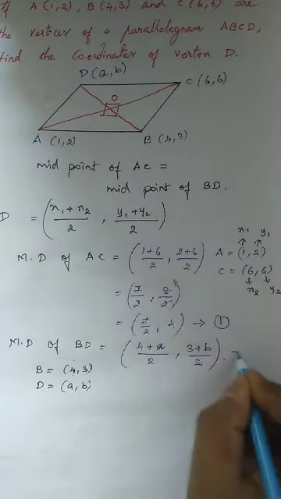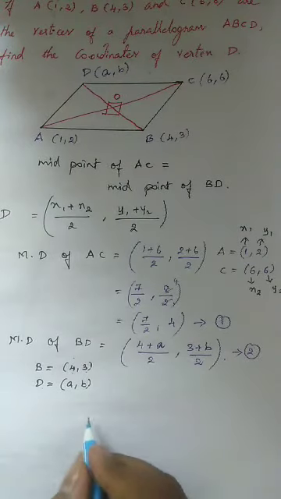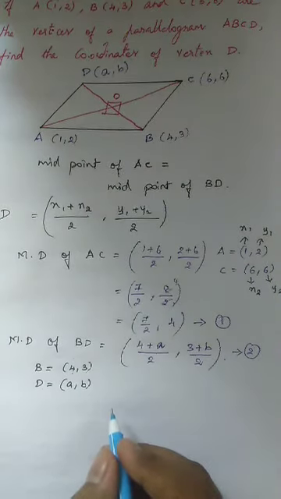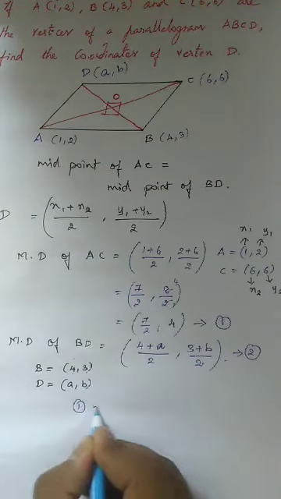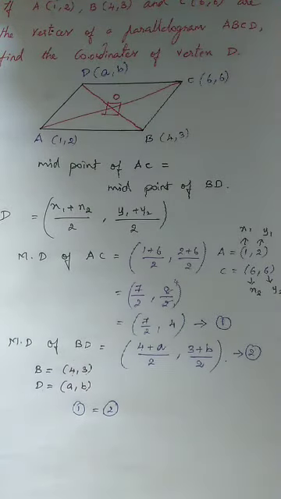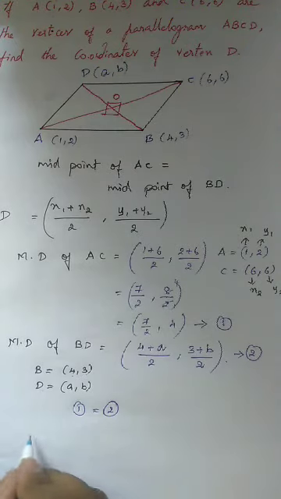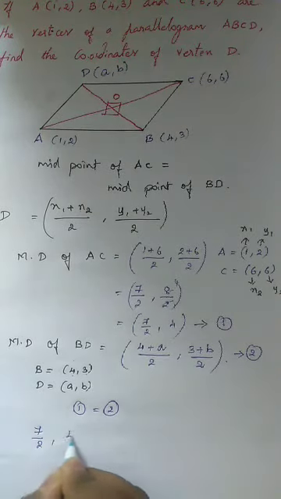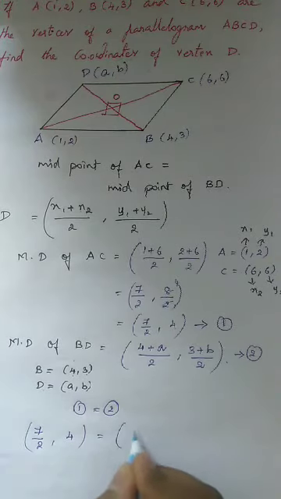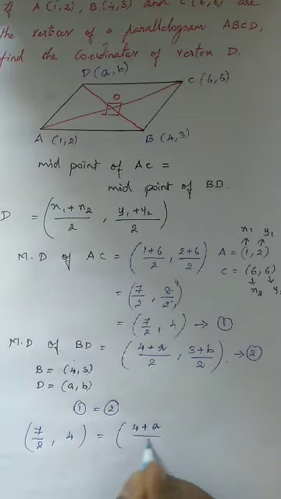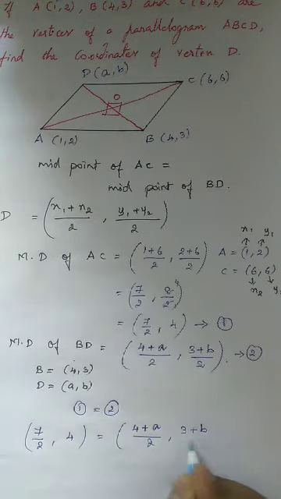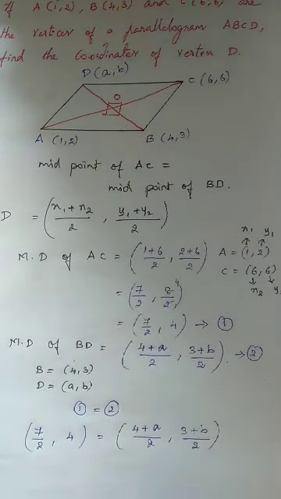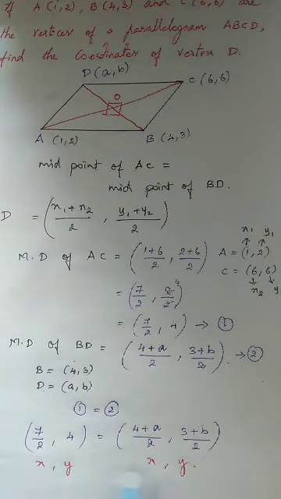Take this one as 1 and this one as 2. When 1 equals 2, 7 by 2 comma 4 equals 4 plus A by 2 comma 3 plus B by 2. This one is x comma y, and this one is also x comma y.